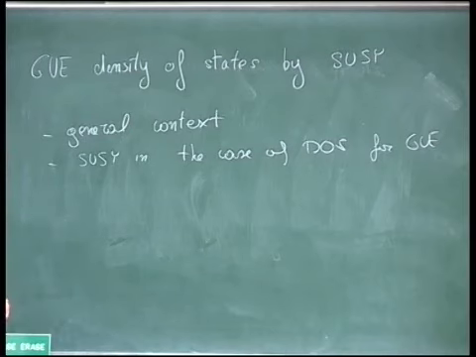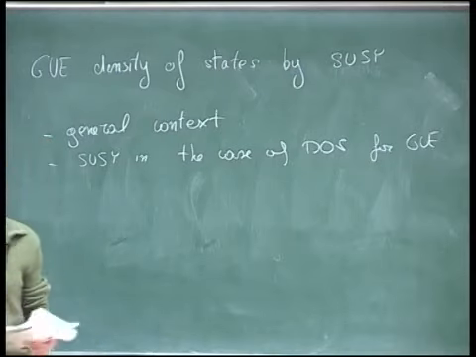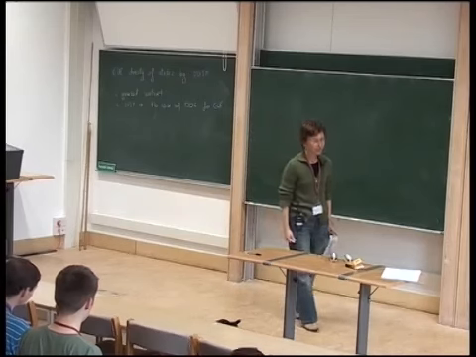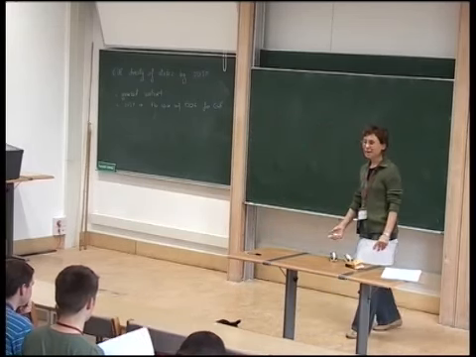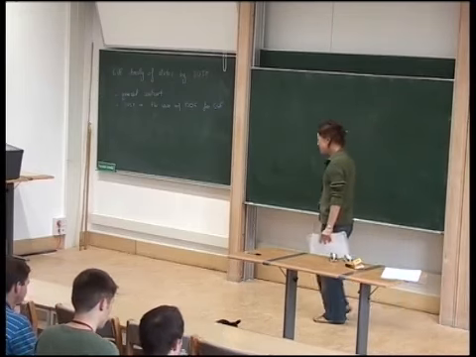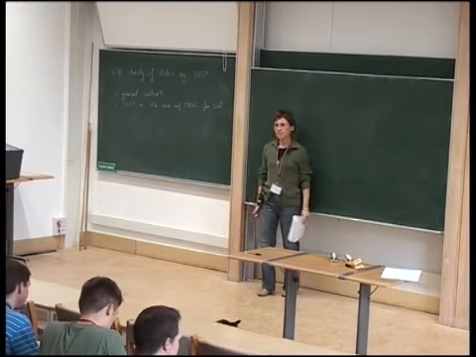Now, before that, I will take 5 minutes to just summarize the general context of the lectures you have seen this week. Random matrix theory is the study of large matrices whose elements are random variables. You have seen random Schrödinger, but the number of applications of random matrices is huge.